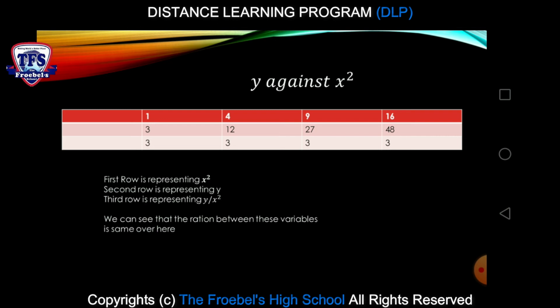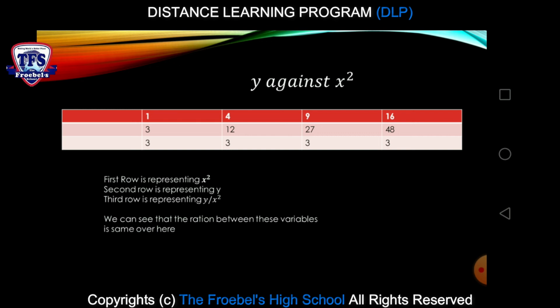In the previous example, the ratio of y and x was not the same for every value. Alright, so over here we can see that the ratio is similar for every value, and this means that this is fulfilling the condition of the direct proportion method.